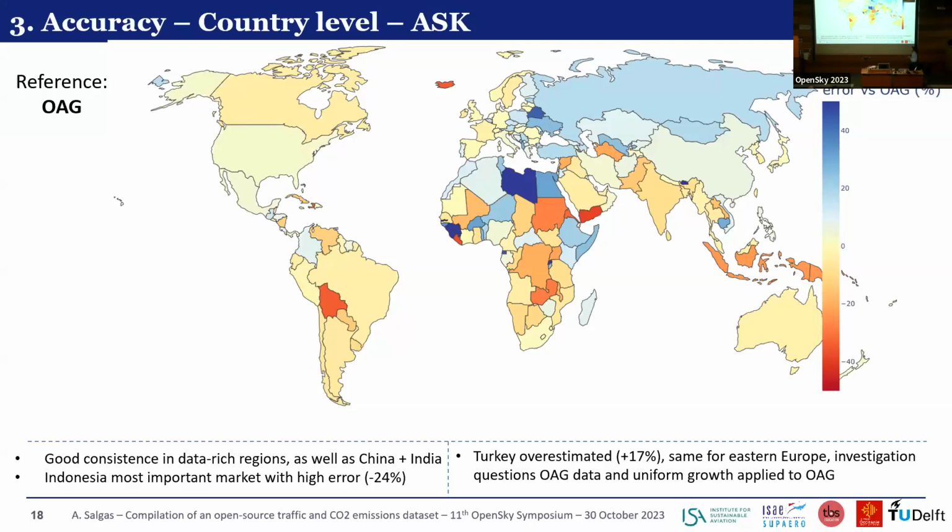And in Eastern Europe, we have some overestimation, especially in Turkey, with 17%, while comparison with Eurocontrol source led us to believe that maybe OAG data, and especially the conversion from 2018 to 2019 values in this country, was maybe insufficient.